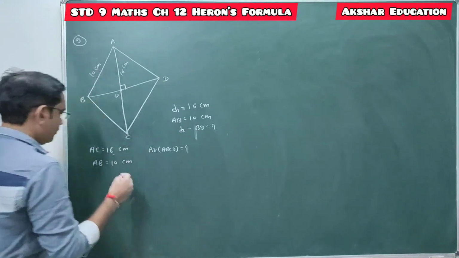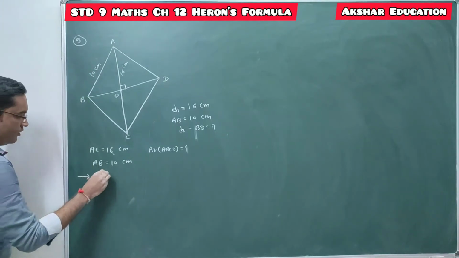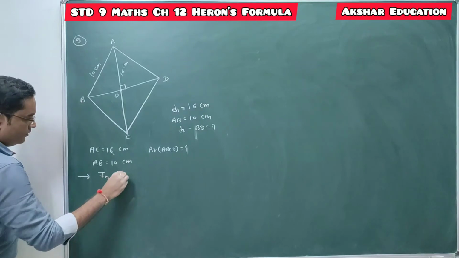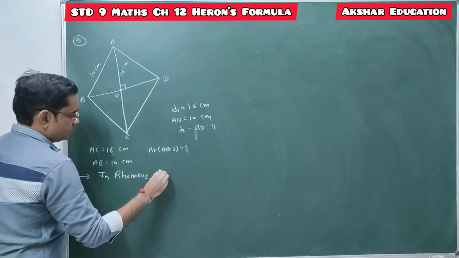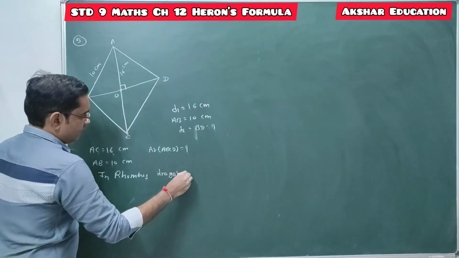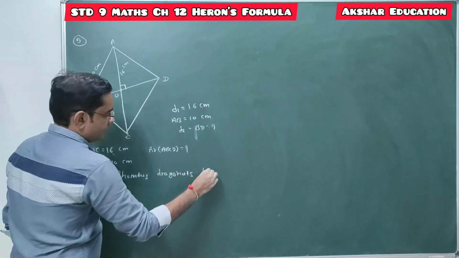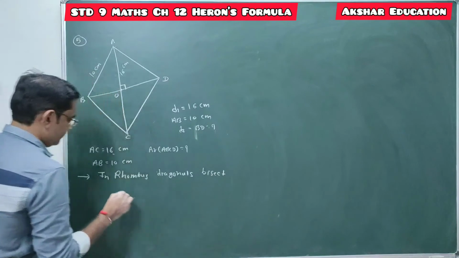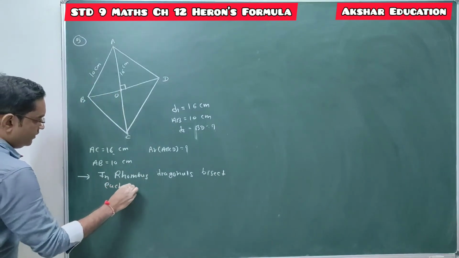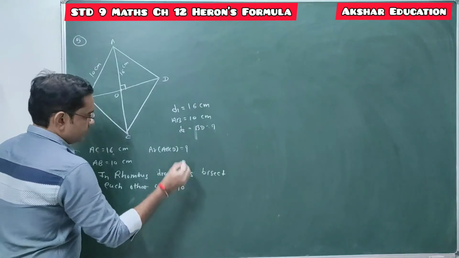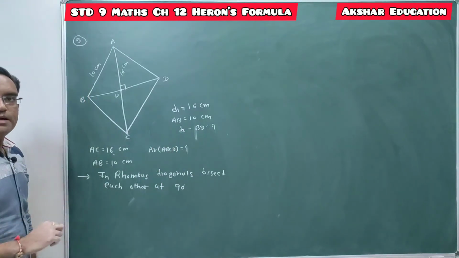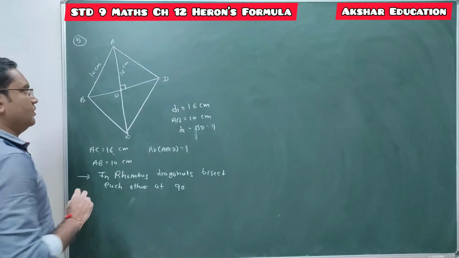So first we write down the property here. In rhombus, diagonals bisect each other at 90 degree. Diagonals bisect each other at 90 degree in rhombus.